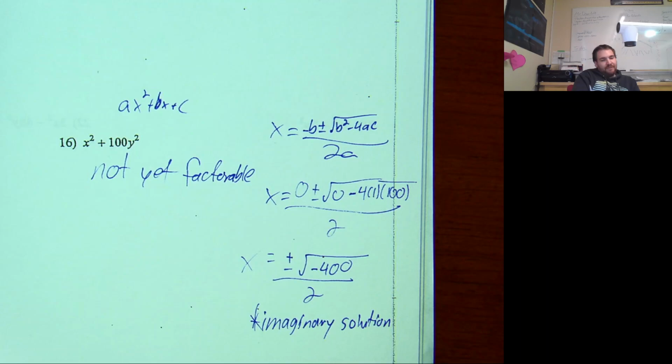So it's going to be x plus 10iy and x minus 10iy. So as far as you're concerned, not yet factorable.